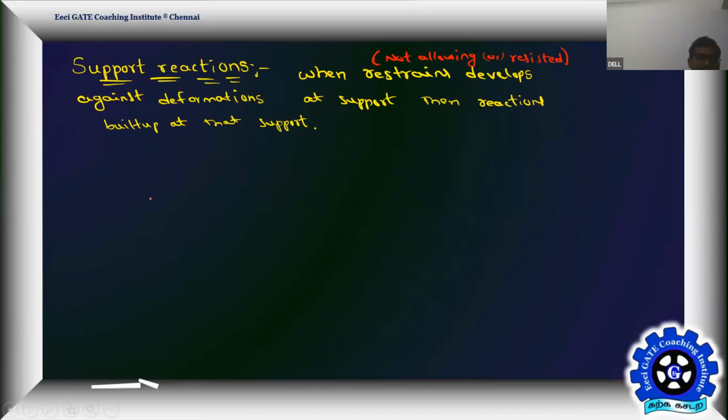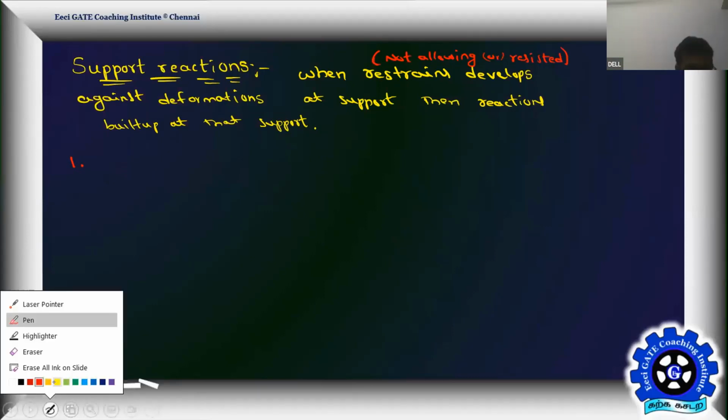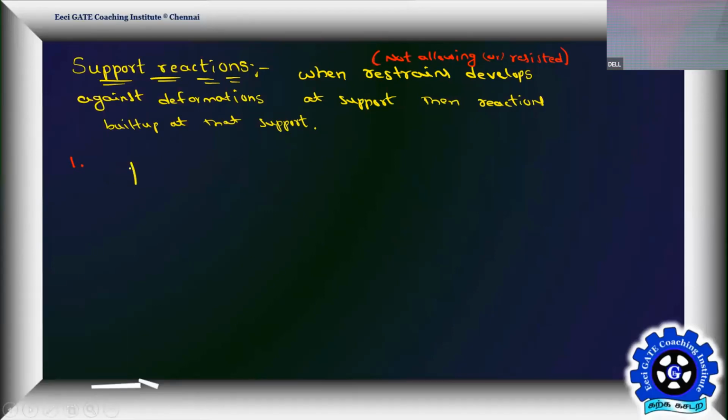Let's say, for example, I'm going to talk about the kinds of supports one by one. First I talk about fixed support. Now tell me, I said that whenever restraints develop against deformations, reactions are going to happen.